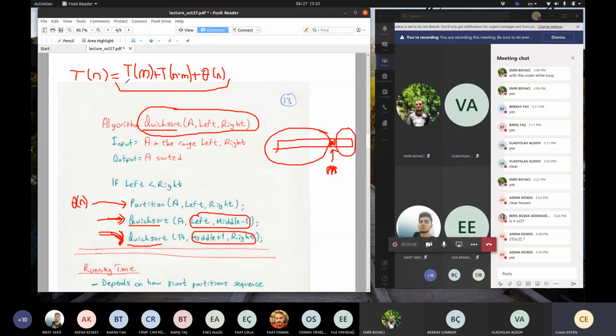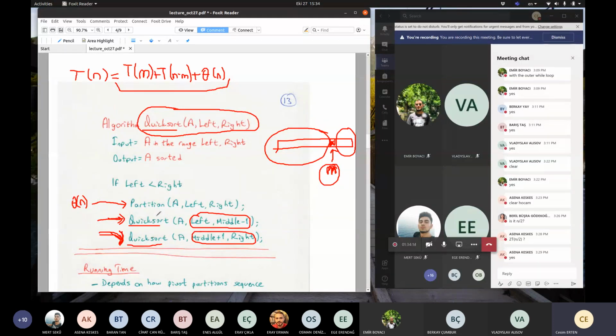Okay, so partition requires theta of n running time, assuming that after partition the index of the pivot element is found to be m.